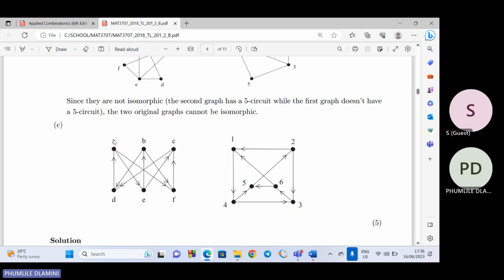The first thing that is going to come to us in C is that this is a direct graph.